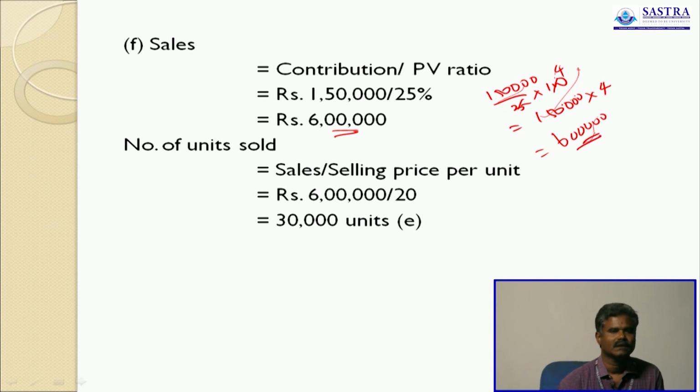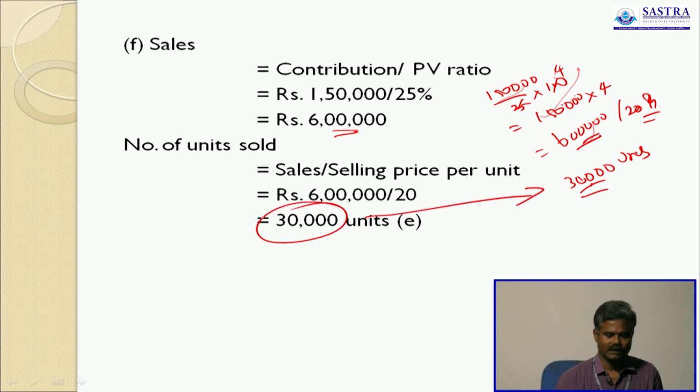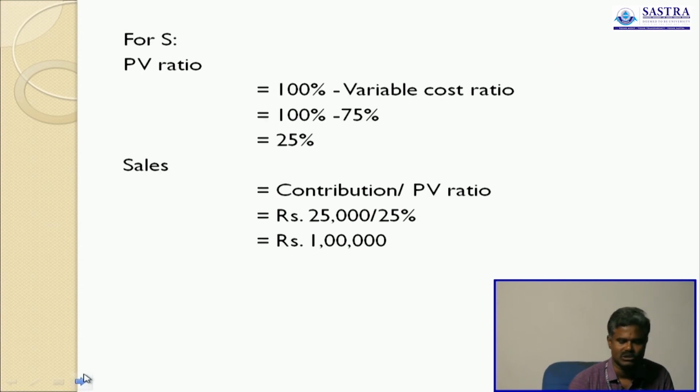That's all. Number of units sold is total value 6 lakh divided by selling price per unit rupees 20, so 30,000 units. This is the answer for R. I think here we are giving the equation-based answers, that is all.